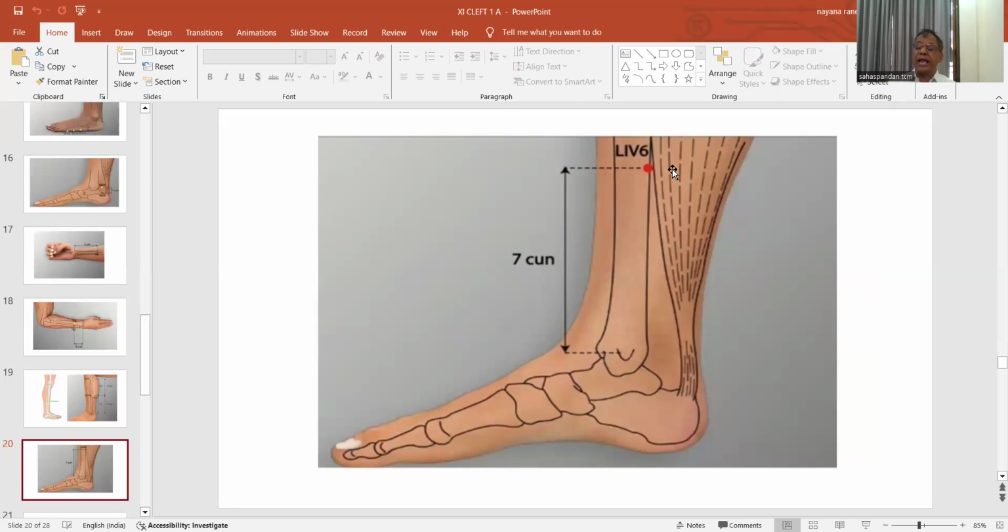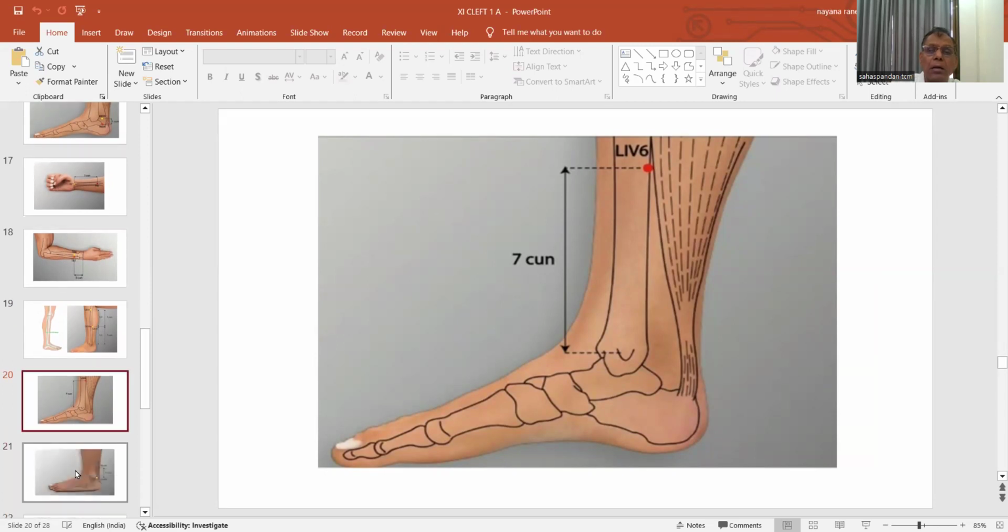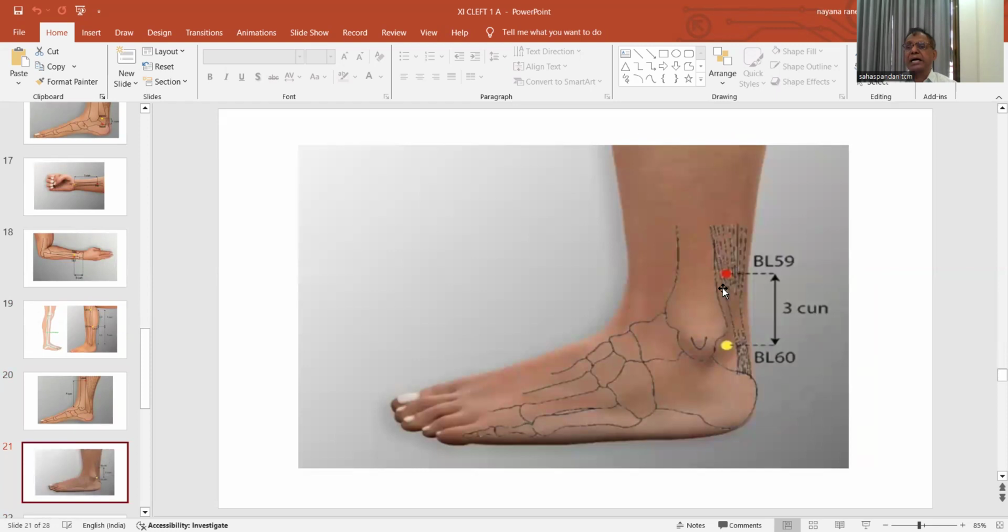And bladder 59 is the xi-cleft point for the yang motility vessel, but has few relevant indications. Only sciatica pain, it is very useful.